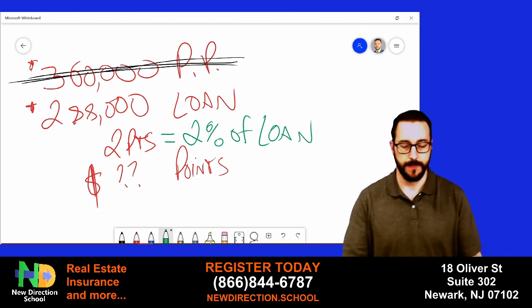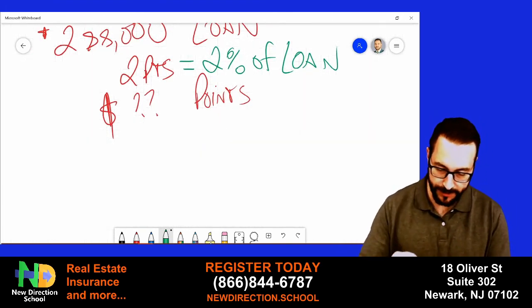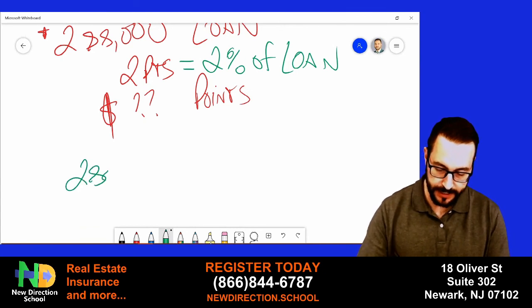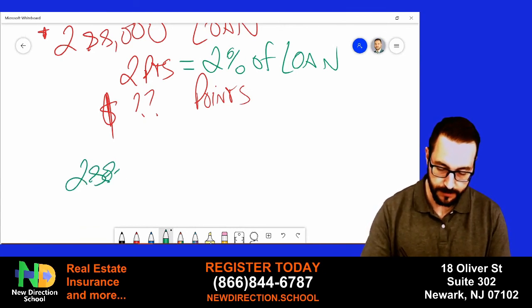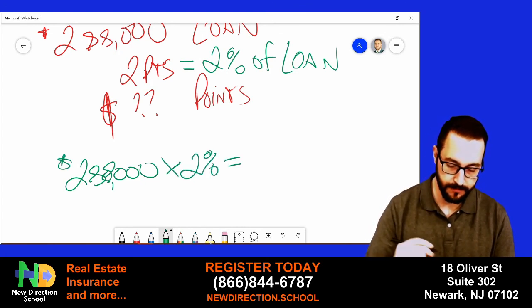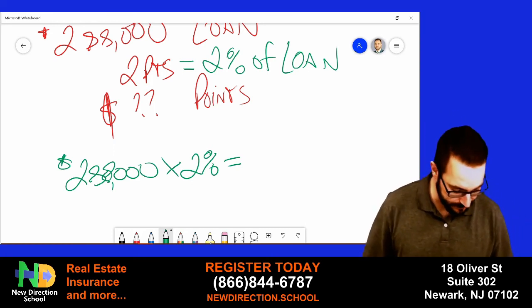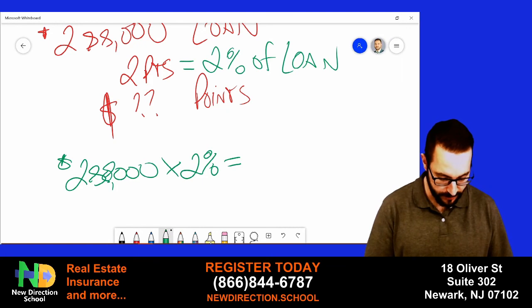$288,000. So now, what we're trying to figure out is 288,000 times 2%. And that gives you how much you're paying in points. This is like the simplest question ever, right?